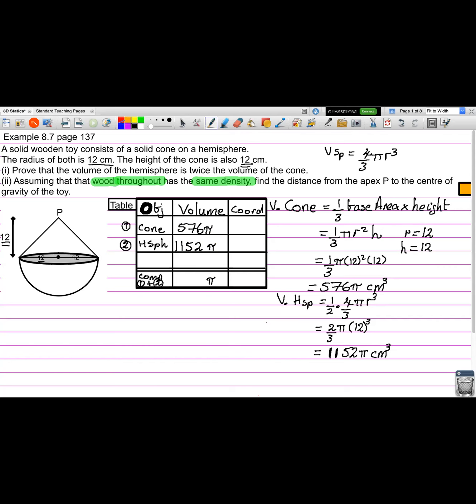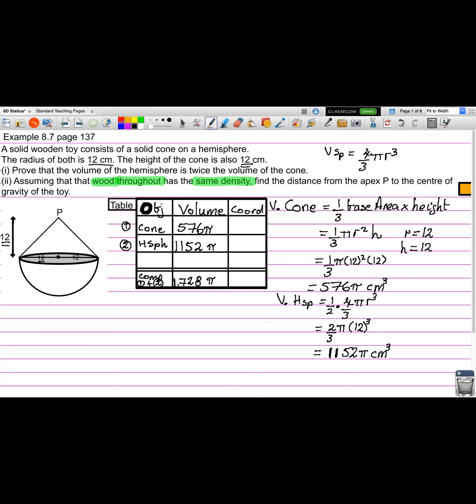I think it's going to be 6 plus 2 is 8. 7 plus 5 is 12. 5 plus 1 is 6, plus 1 is 7. And it should be 1,728 pi. Is that correct? Yes. Okay. All right then.